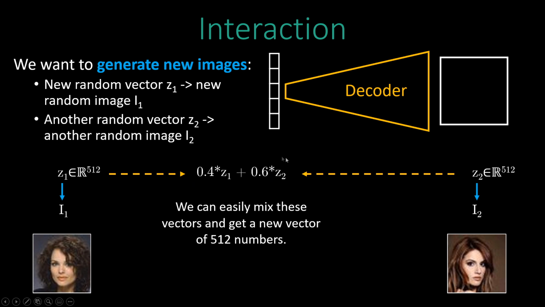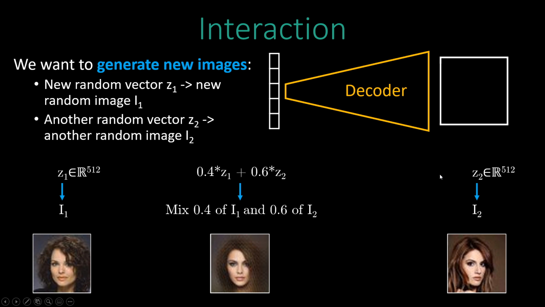This is a linear combination of these two vectors. It will also create a vector, let's say z3, which is of the same dimensionality and roughly the same distribution, because we are not adding too large an amount of any one of them. And this mixture is something that we can move around.